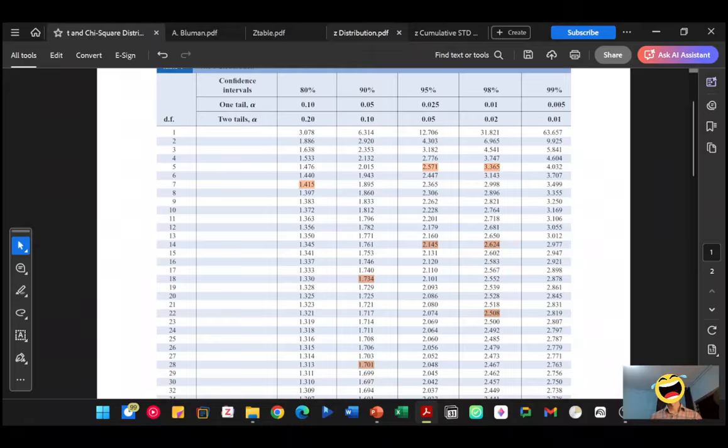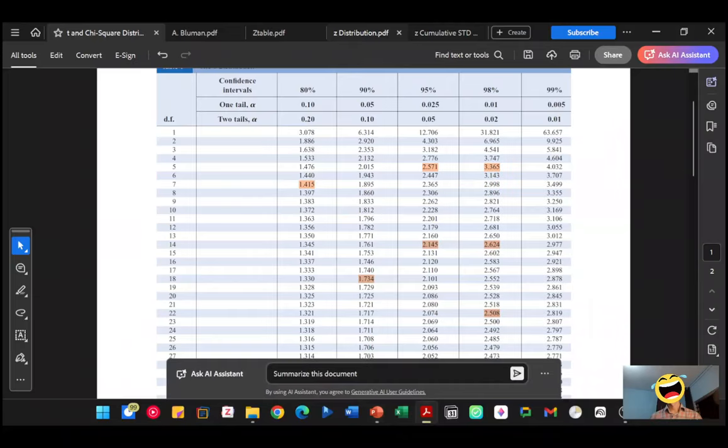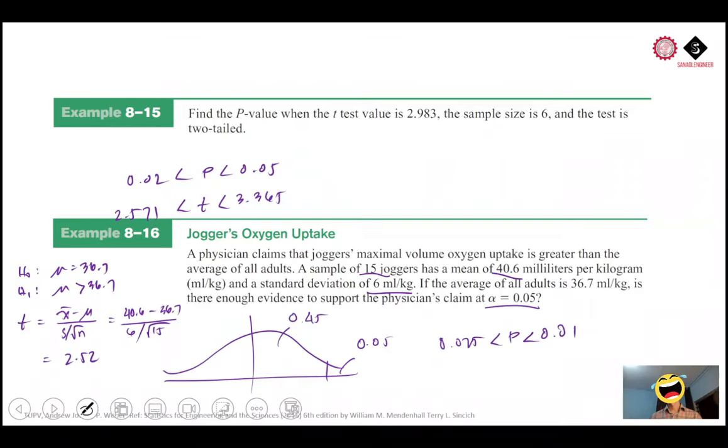No, it's between 1 and 2.5 because it is one tail. It's 0.01 and 0.025. All right. So since alpha is given, we can still conclude the p-value is less than 0.01.